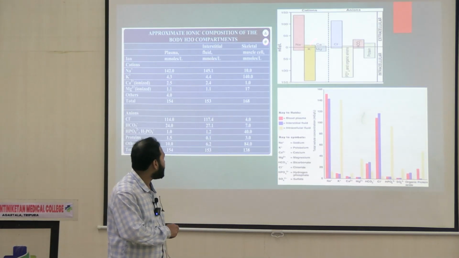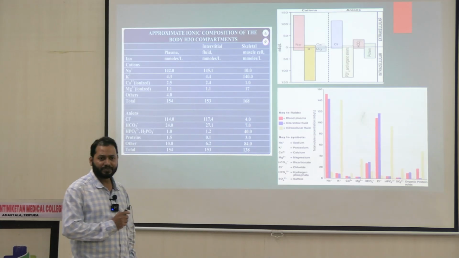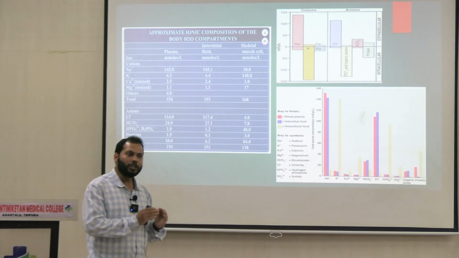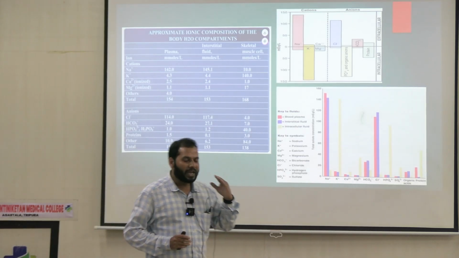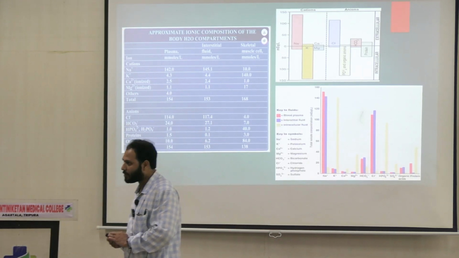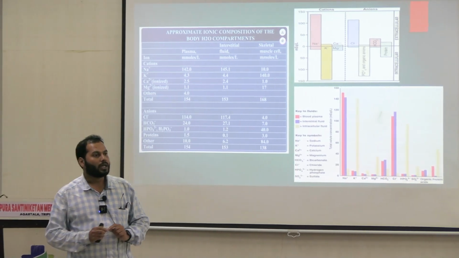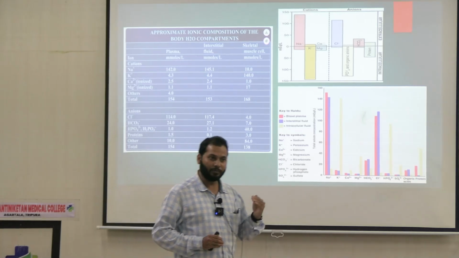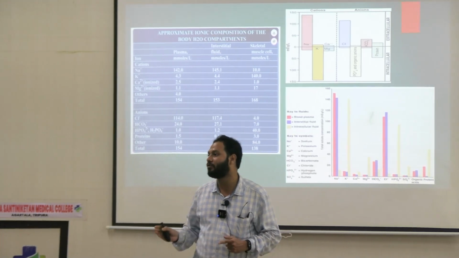If you see this diagram or graph, all those cations and anions are distributed in both the extracellular fluid compartments and the intracellular fluid compartments. But the concentrations of those ions are not the same in the extracellular and intracellular fluid.